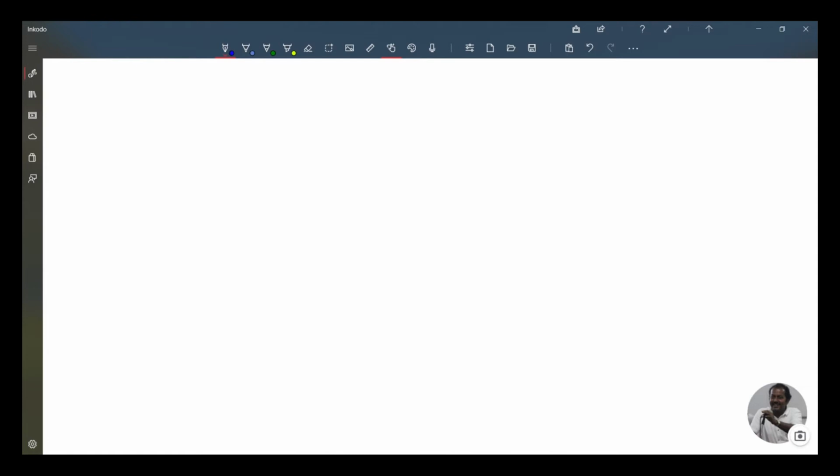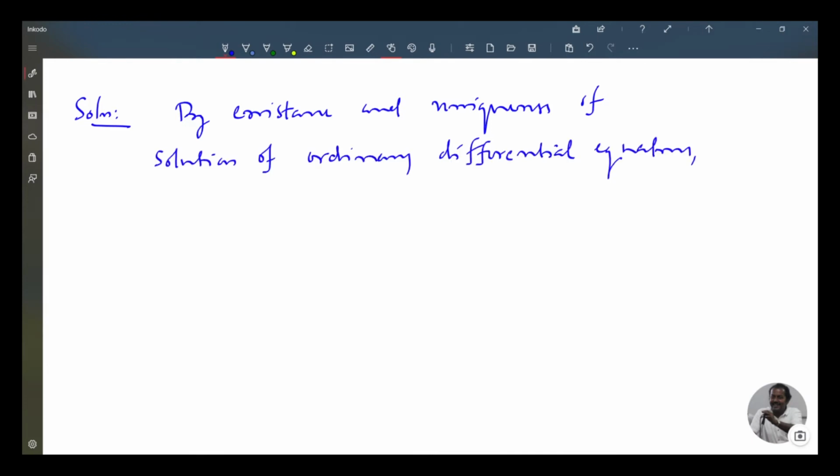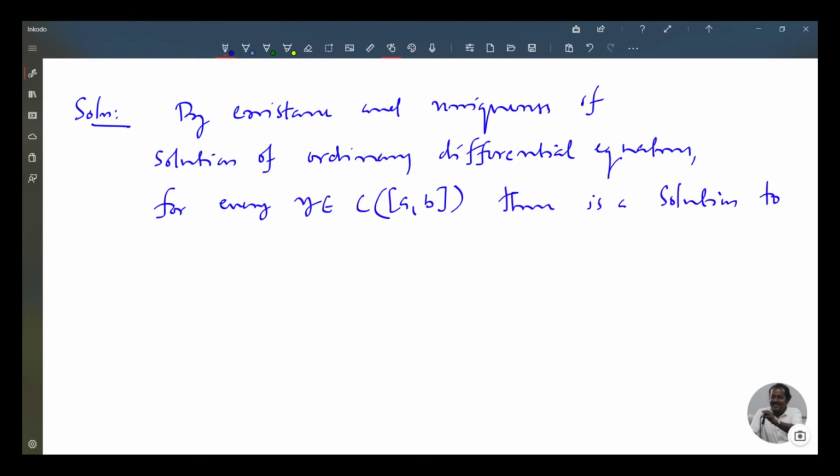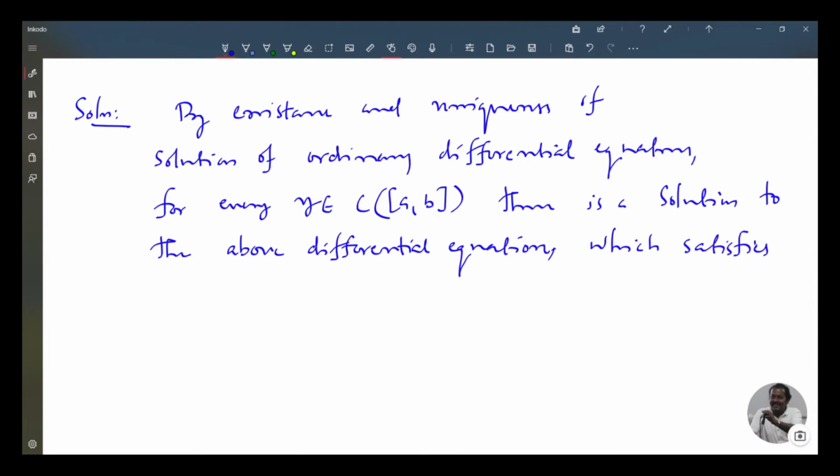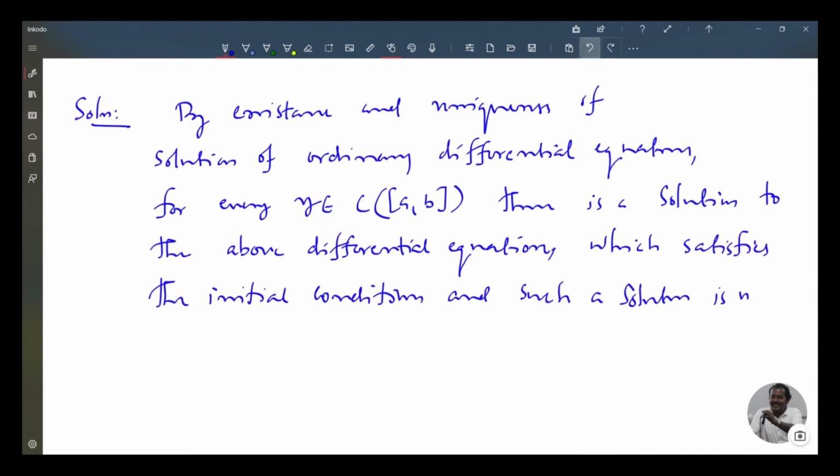So solution: by the existence and uniqueness of solution of ordinary differential equations, for every y in C[a,b] there is a solution to the above differential equation which satisfies the initial conditions, and such a solution is unique if k = m - 1.